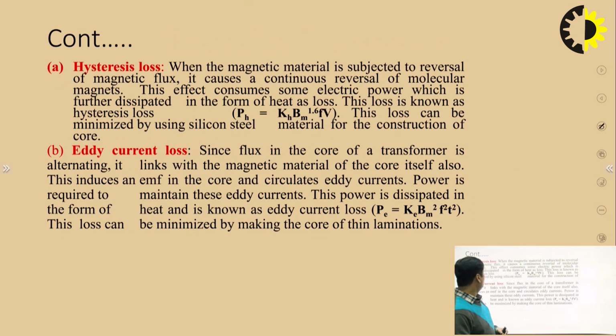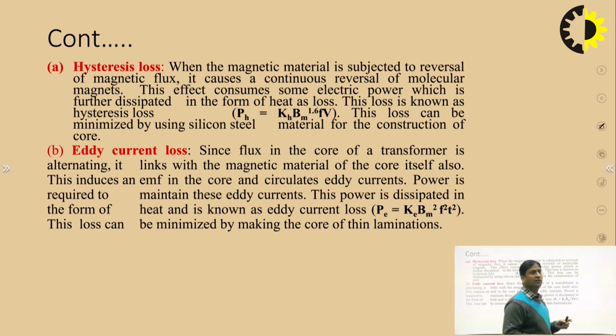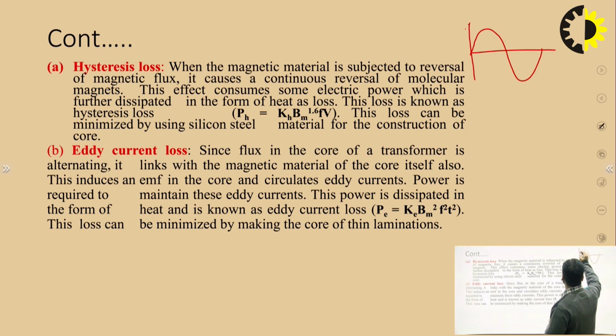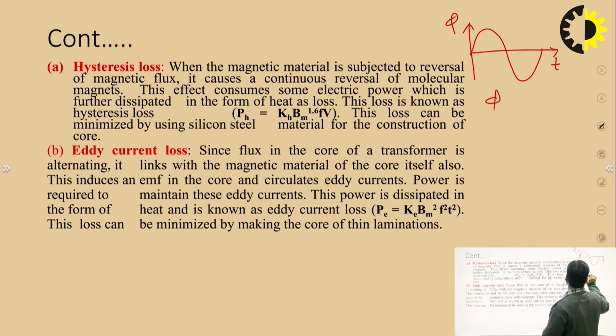The hysteresis losses are the losses when the magnetic material is subjected to reversal of the magnetic field. As we all know, the flux is alternating in nature, that is phi equals phi m sine omega t.